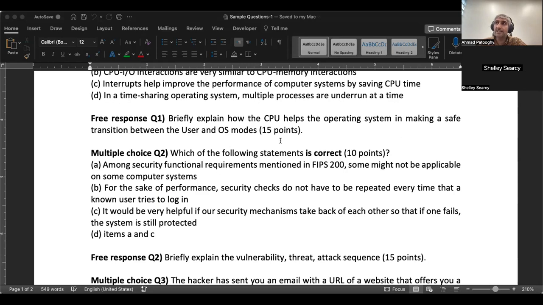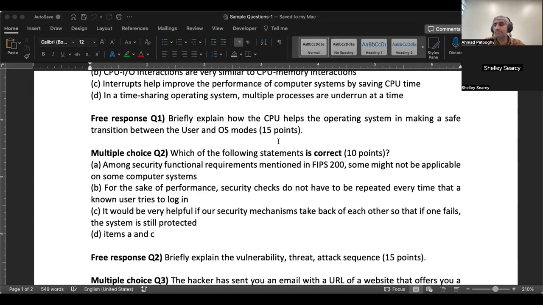Why? Because there is another layer that protects this failed layer, and that's the second authentication factor, which is going to be texted to your cell phone. So when we say overlapping, it means that they're basically helping each other. They're taking back of each other.